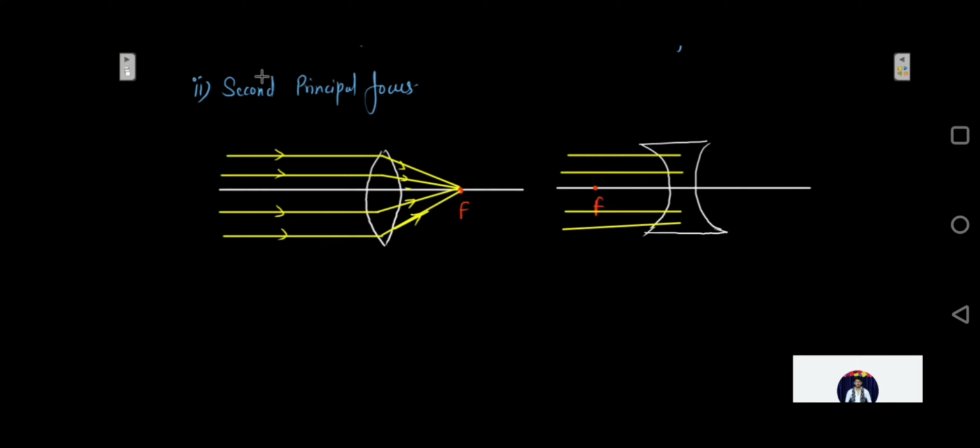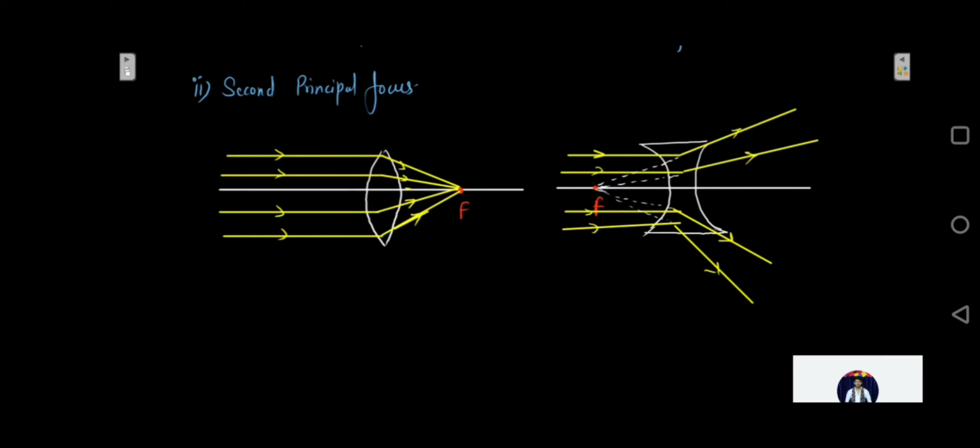That means if you produce this, they are going to appear to diverge from this second focal point or focus. Something like this.